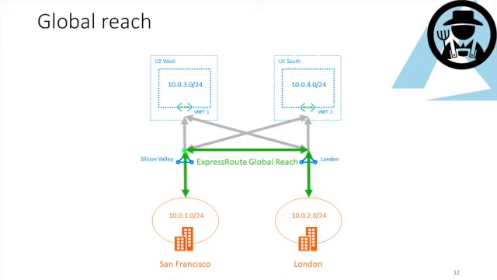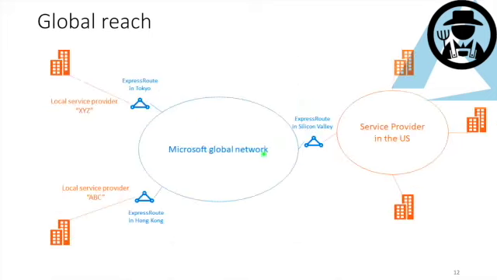So it's more of a connectivity between the ExpressRoute in San Francisco and the ExpressRoute in London. I have another picture, so let me pull that one up. It has a different location, but similar concept. You have an office in Tokyo, you have an office in Hong Kong, and you are using the Microsoft backbone network to connect between offices instead of setting up your own dedicated network.